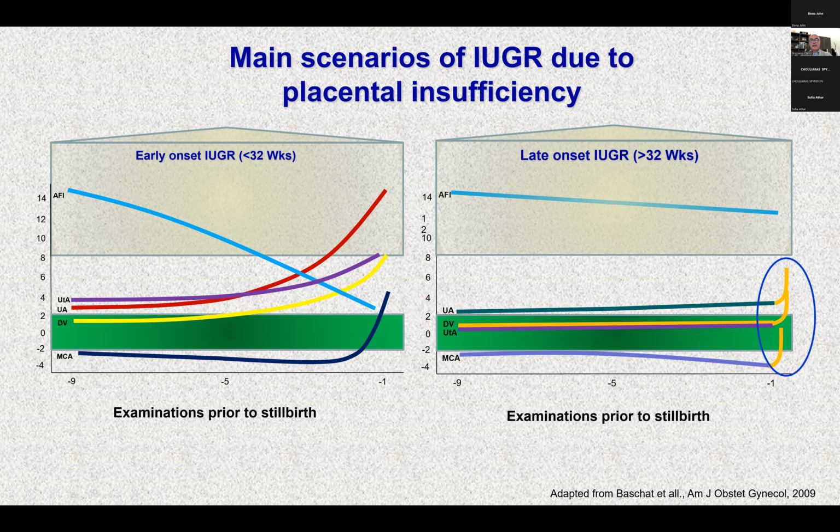Only at the end of this scenario, when we can hypothesize that we have some sequelae and the compensation phase of the fetus, we may have the alteration in the umbilical artery, in the ductus venosus, and in the mid-cerebral artery, as we have seen in the previous scenarios characterizing the early onset IUGR.